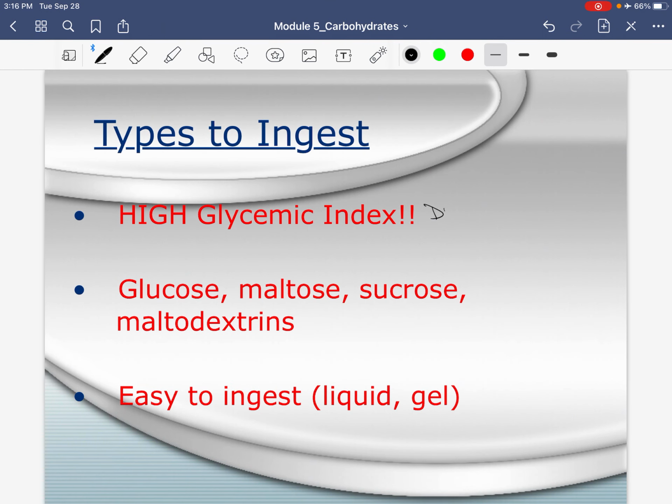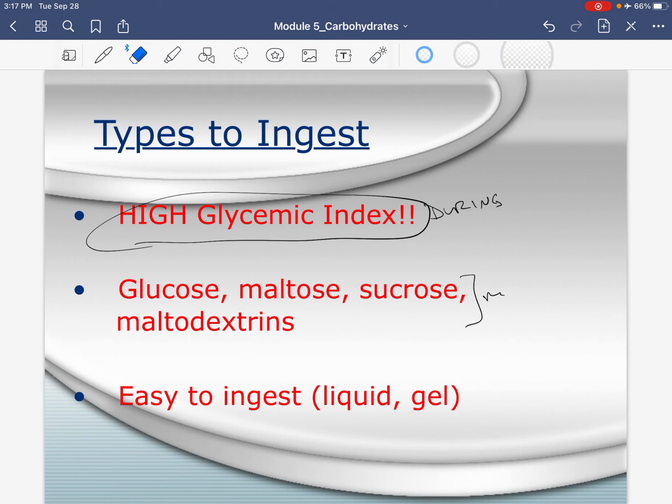Now, it is during activity that we want to ingest the high glycemic index. This is when we want to raise blood sugar quickly. Examples would be our monosaccharides. I'm sorry, our simple sugars. Let's just be a little bit more general. Simple sugars. This is not the time to have your potato. And it's best to have easy to ingest, liquid or gel.